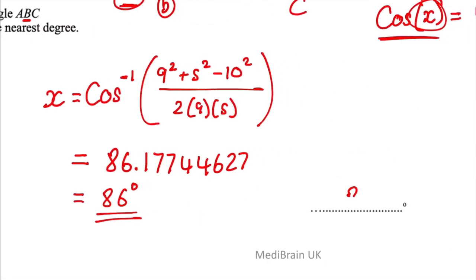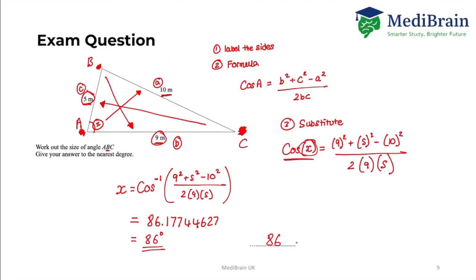So our answer is 86 degrees. The confusing part of this question was that they labeled the triangle wrong for us, so we had to label it ourselves, and we had to ignore the markings from what they've labeled and use our markings. Okay, so that question is done.